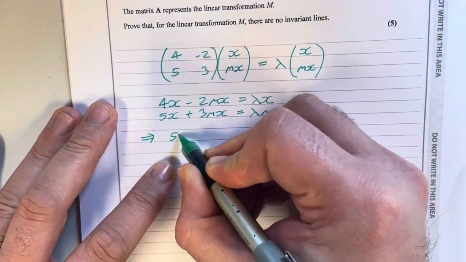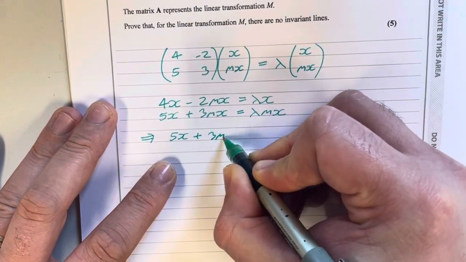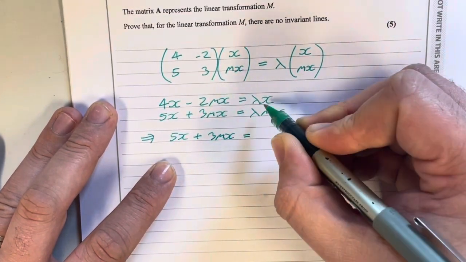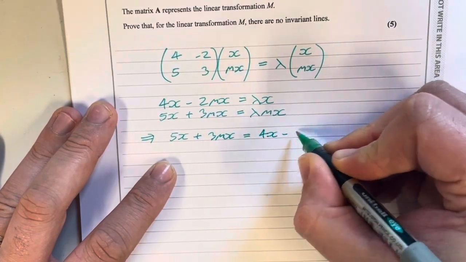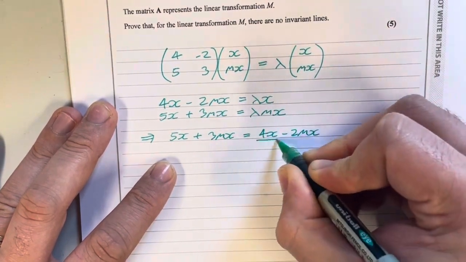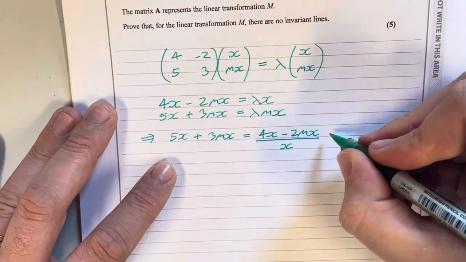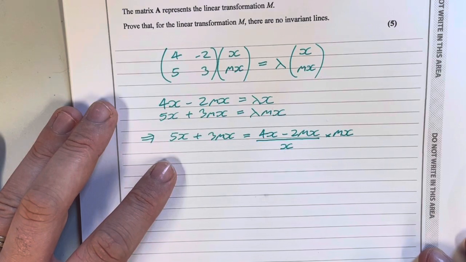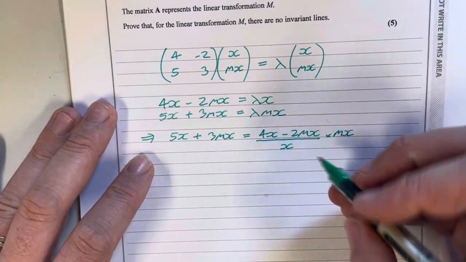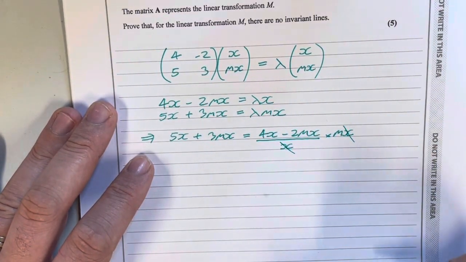I'll get 5x plus 3mx equals lambda, but lambda is the right hand side divided by x, so that's 4x minus 2mx divided by x, times mx. Okay, so that's what we get there. And the x's will cancel.